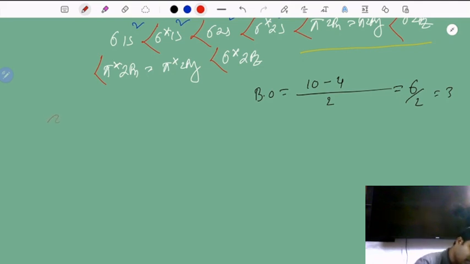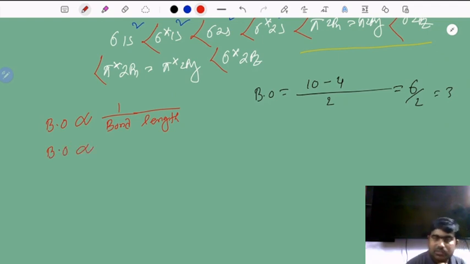Okay, first see, bond order is proportional to 1 by bond length. If the bond length is more, the bond order will be less, or if the bond order is more, the bond length is less. Understand? Similarly, if the bond length is less, it means the bond is strong.